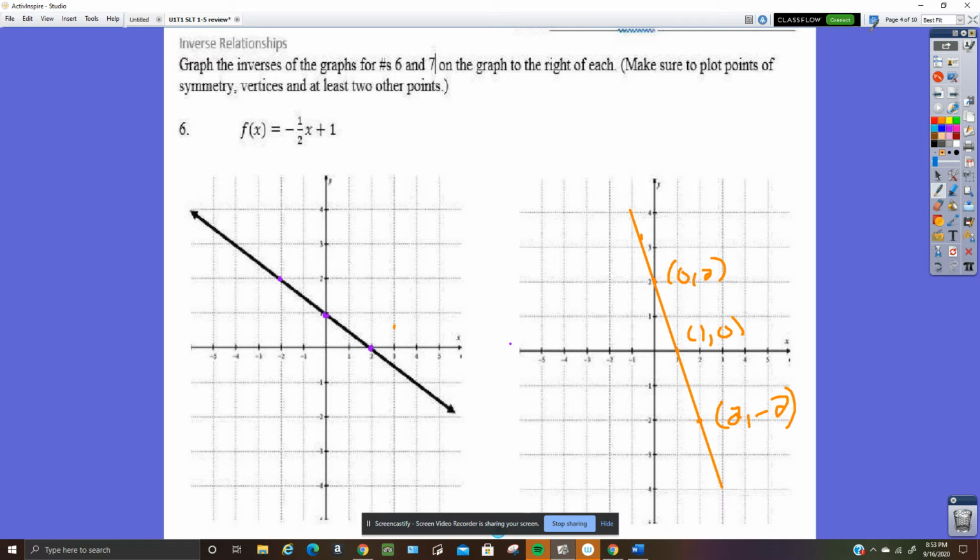Maybe it would be a good idea to show you how this is a reflection over the line y equals x. So I'm going to plot that point, this one, and this one. Go ahead and get the line tool here.